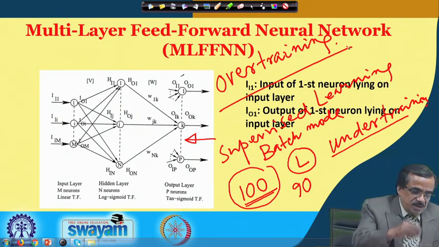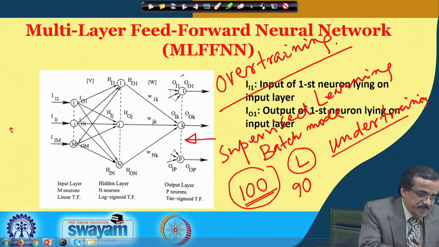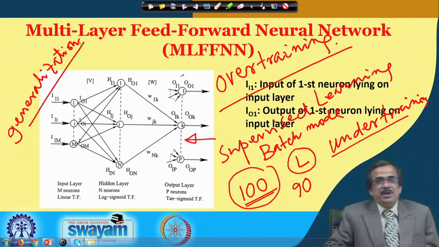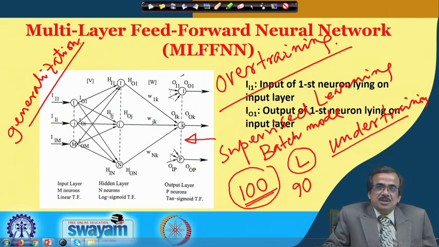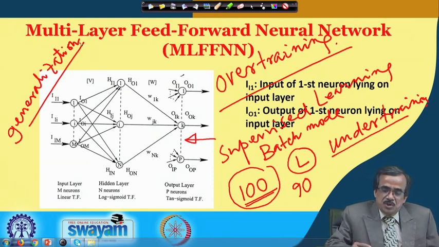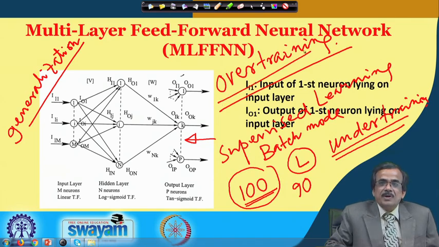Now, as I told, this network should have a very good generalization capability. This generalization capability is a desired property, and if we want to ensure it, we should not go for undertraining and we should not go for overtraining.